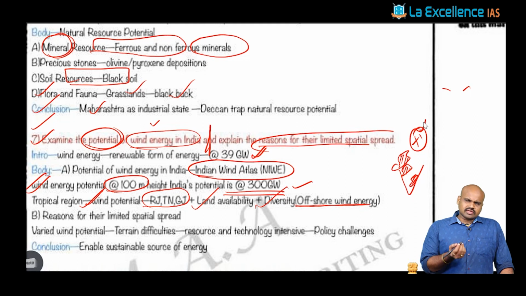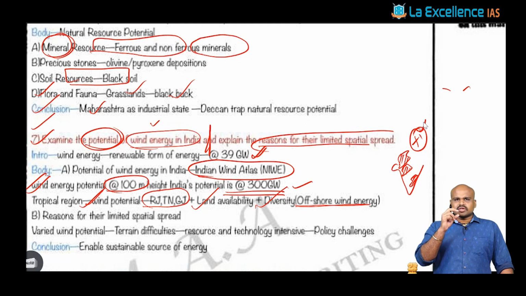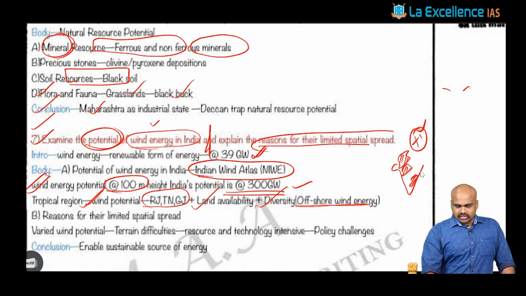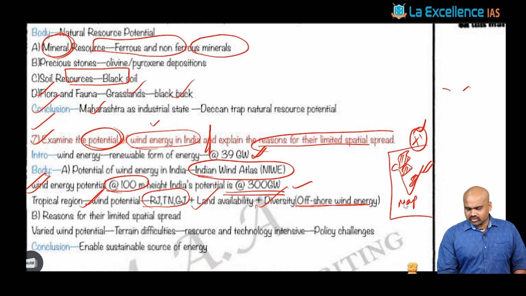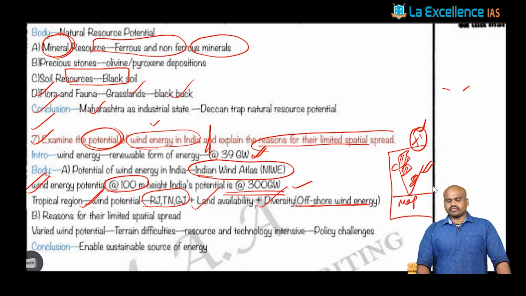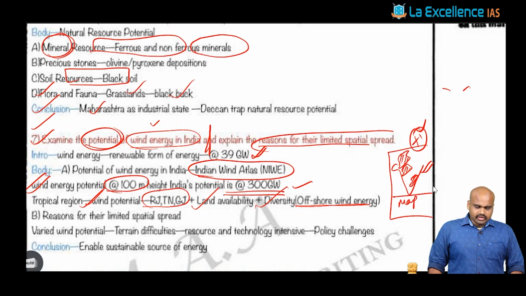Do you all remember that in Lapse Purana we discuss this kind of structure: what is going to be the structure of the question, what is going to be the content of the question, what is going to be the +1 strategy. Imbibing the same understanding, here also the +1 strategy with respect to the question is that you could have simply drawn the map with respect to the distribution of wind energy, right?